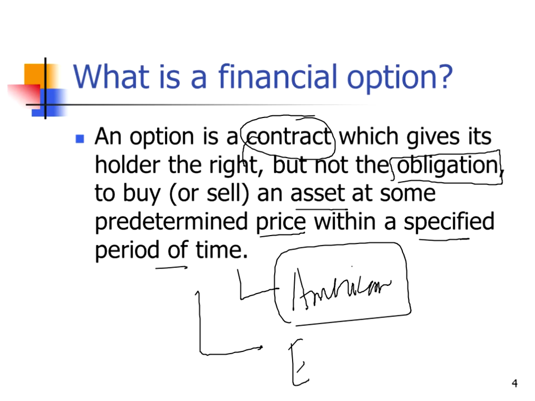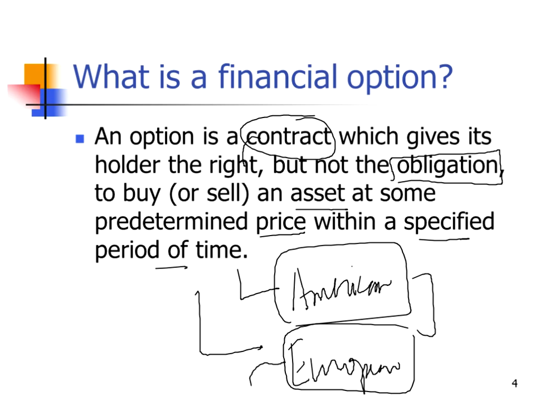European as in the continent. So there are two types of options, in case you'd be interested in knowing how they are different. So this is one of the major differences between the two. American option is an option where you can exercise at any time leading up to the expiry date.